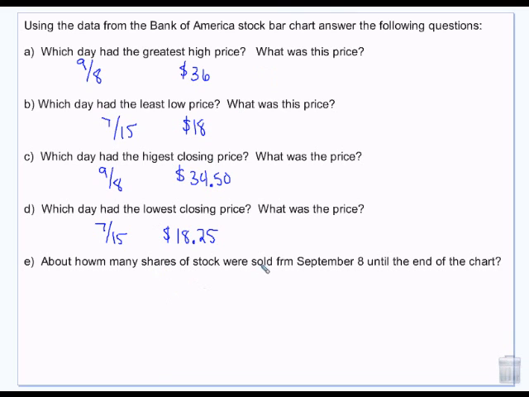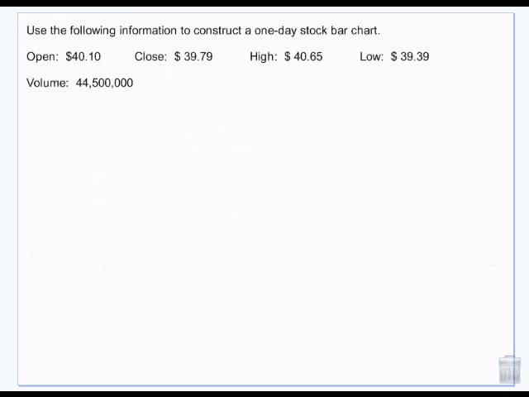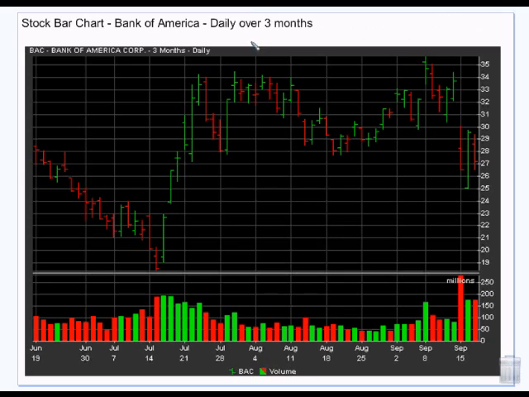Now, how many shares of stock were sold from September 8th until the end of the chart? So we want to look at that. September 8th is right here. So I have maybe 160 million plus like 110 million.